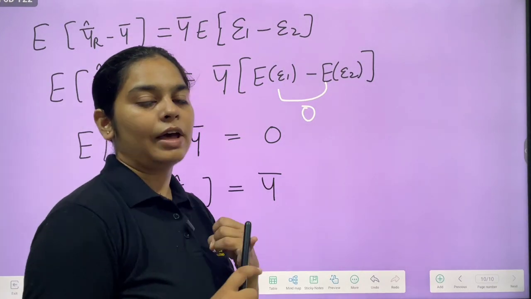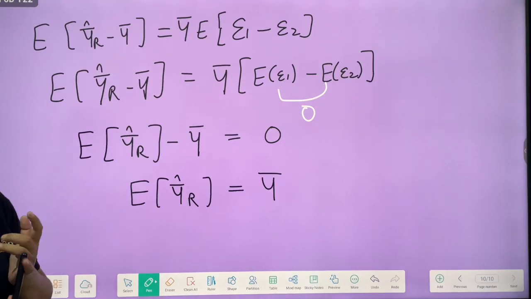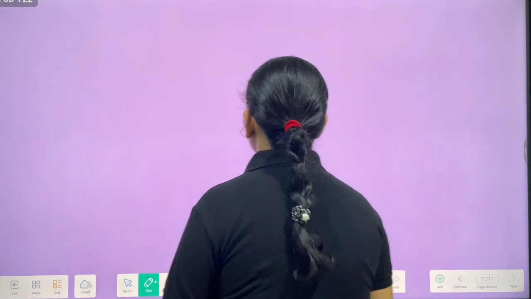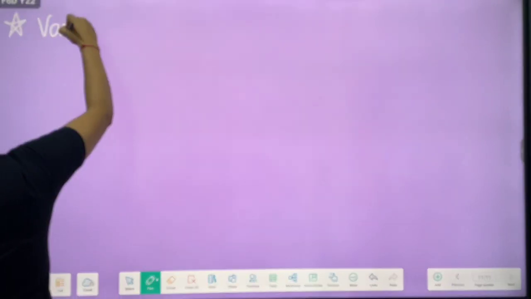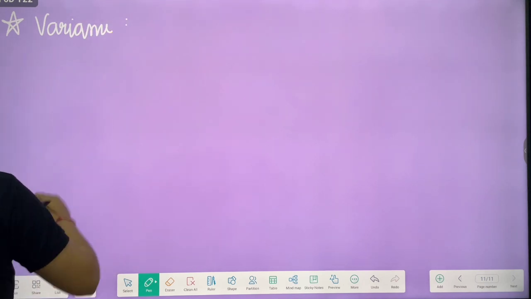Firstly, we have to calculate the value of bias, then we have to prove that it is an unbiased estimator, and thirdly we have to calculate the value of variance. So the third property is variance. Now what does variance say?